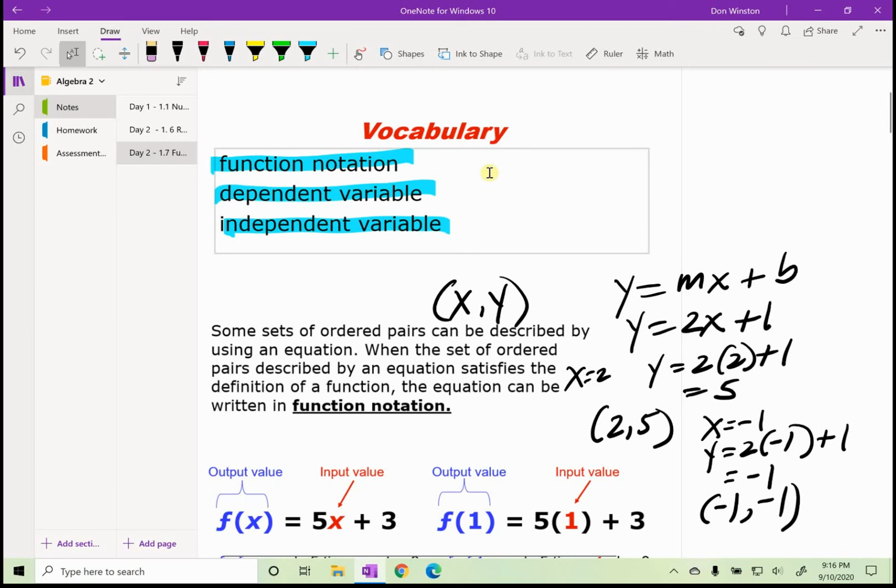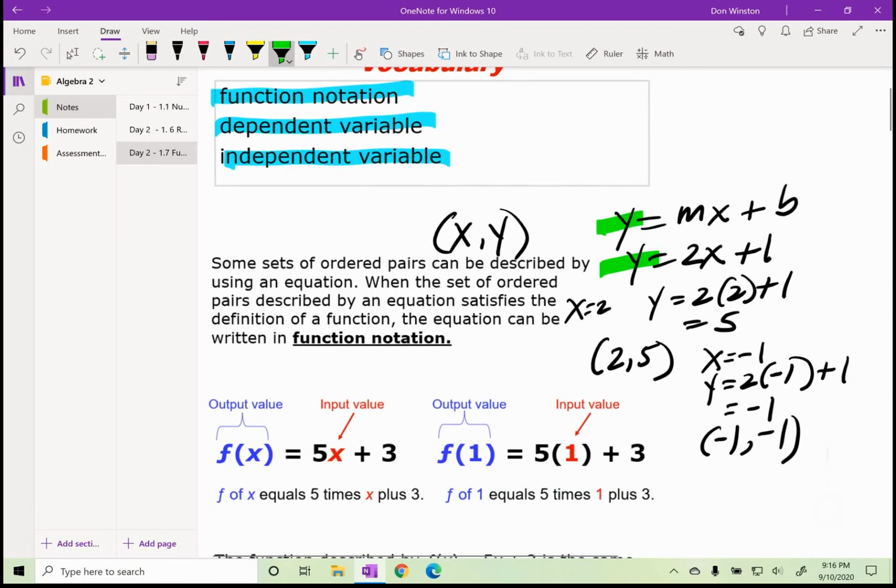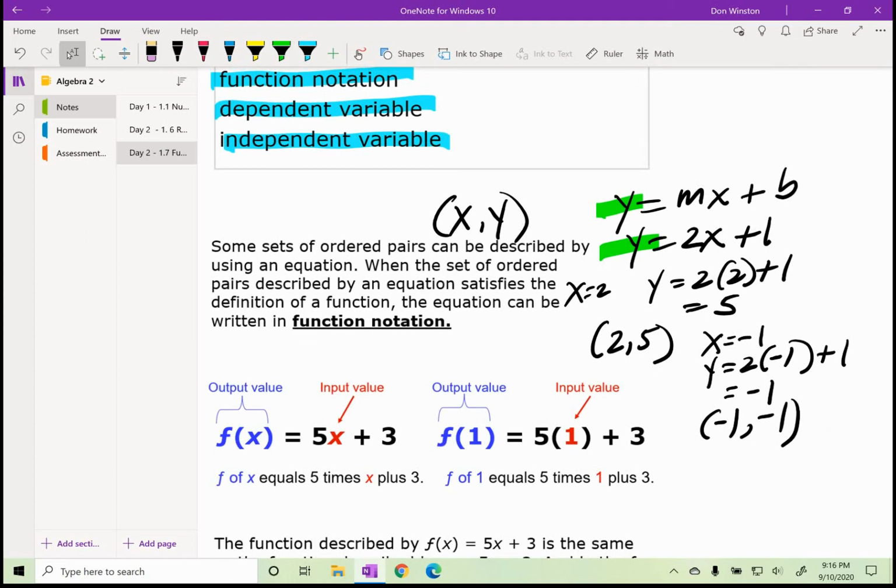Rather than using y as you learned in Algebra 1, we'll use function notation. Here we use what's called f of x. That does not mean f times x. It is read "f of x."